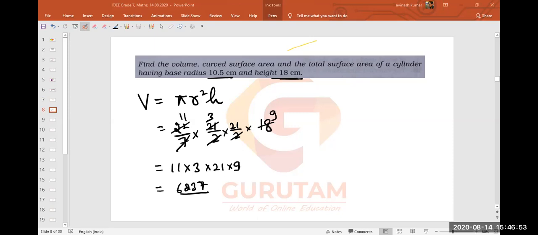So that will become 2 into 22 by 7 into 10.5 into 10.5 into 18.